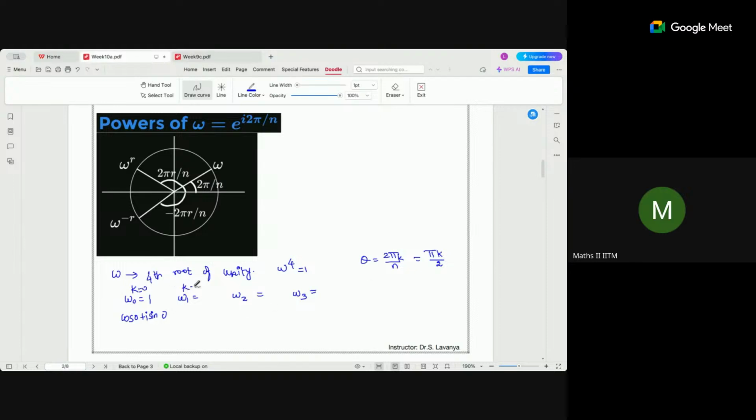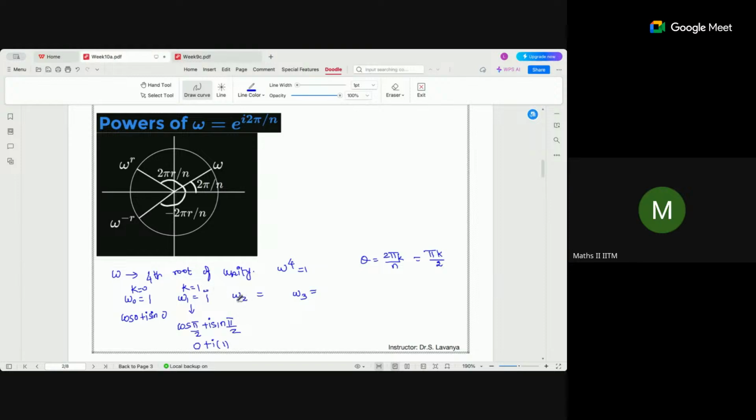Now when k is equal to 1, what is omega 1? It is cos pi by 2 plus i sin pi by 2. What is cos pi by 2? It is 0, and sin pi by 2 is 1. So you have 0 plus i times 1, so you simply have i here.